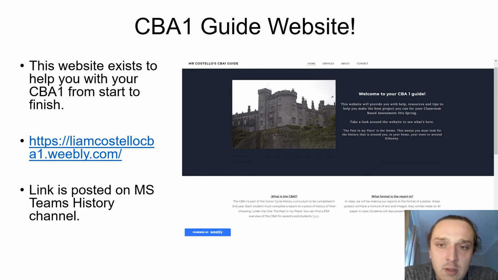There's also a fair bit of information to help you decide how you're going to pick your topic. Picking a topic can sometimes be quite difficult, so there's a number of tips and tricks and information about what's a good topic, what's maybe a more difficult topic, what's too much, what's too little, and also information about how to get information on your topic.